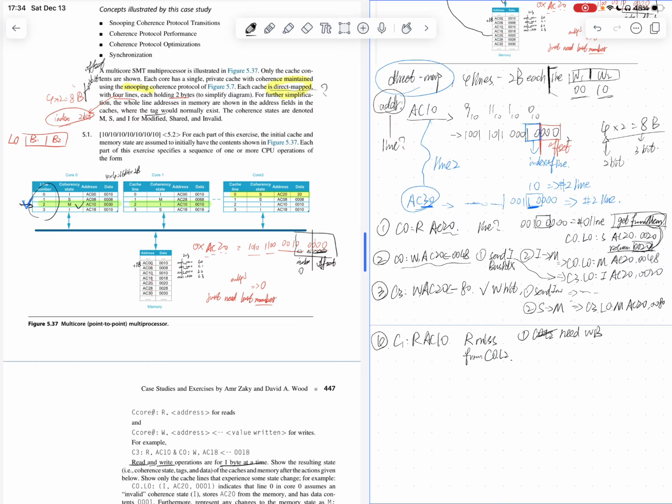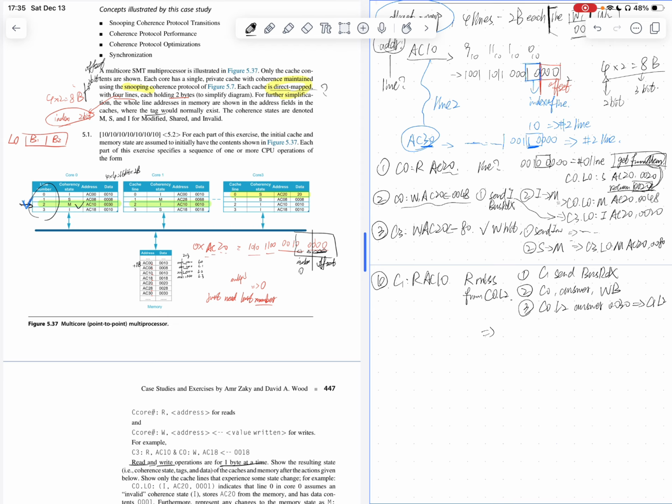So actually, the first stage will be C1 sends bus read X, and then C0 answers. C0 needs to answer, actually just firstly write back, and then C0 line 2 will pass, or actually answer 0030 to C1 L2, right?